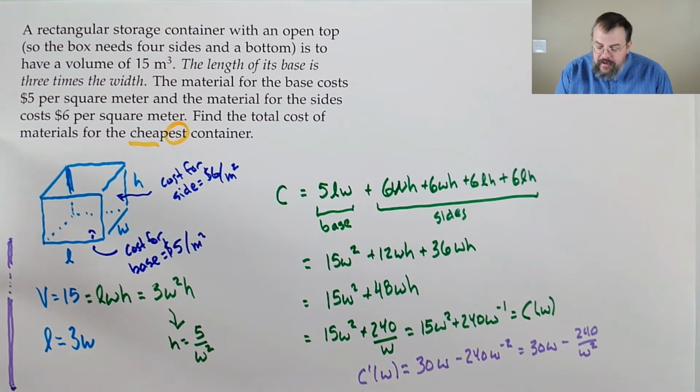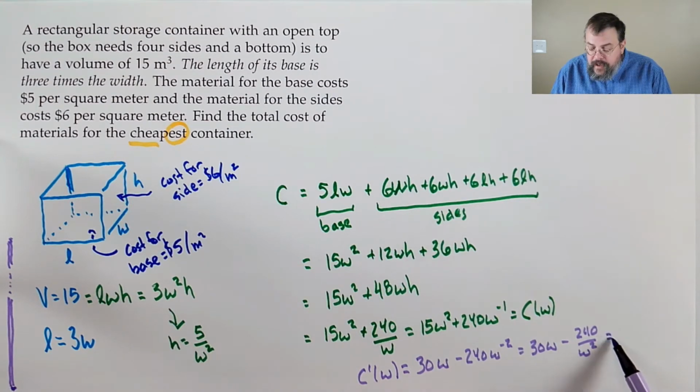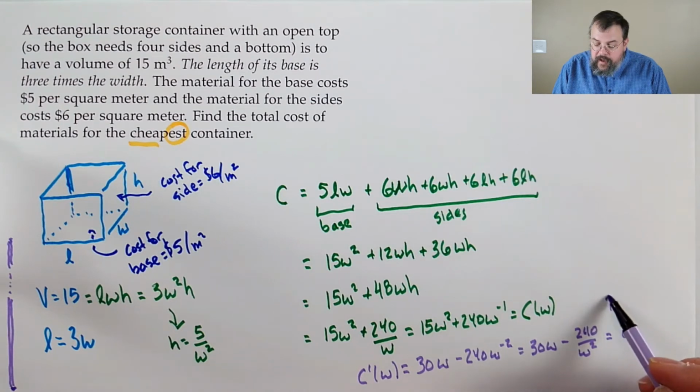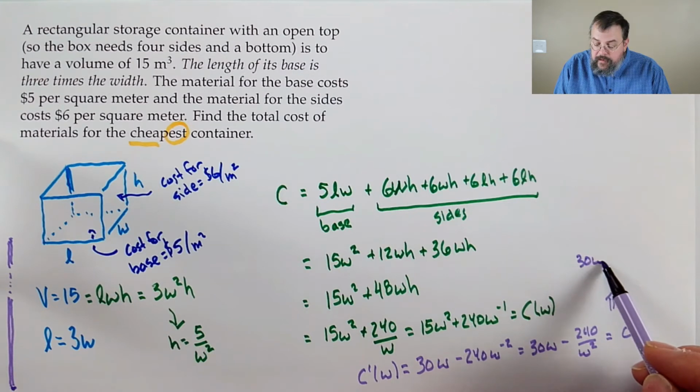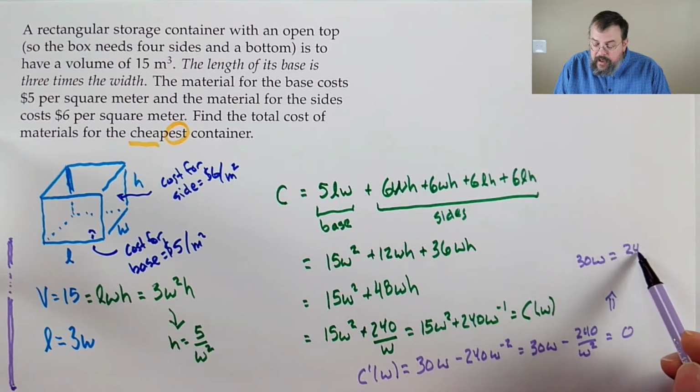All right, so now we can say, where is the derivative equal to 0? Let's see. Moving things around, that gets us to 30 times w equals 240 over w squared.